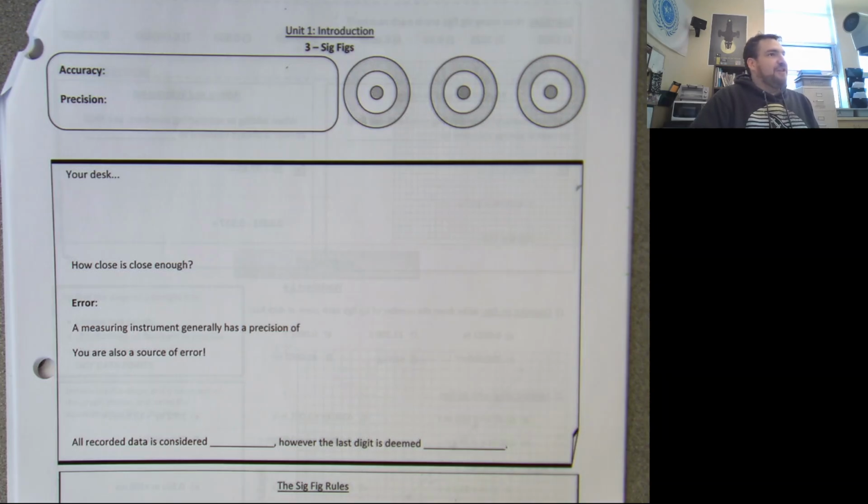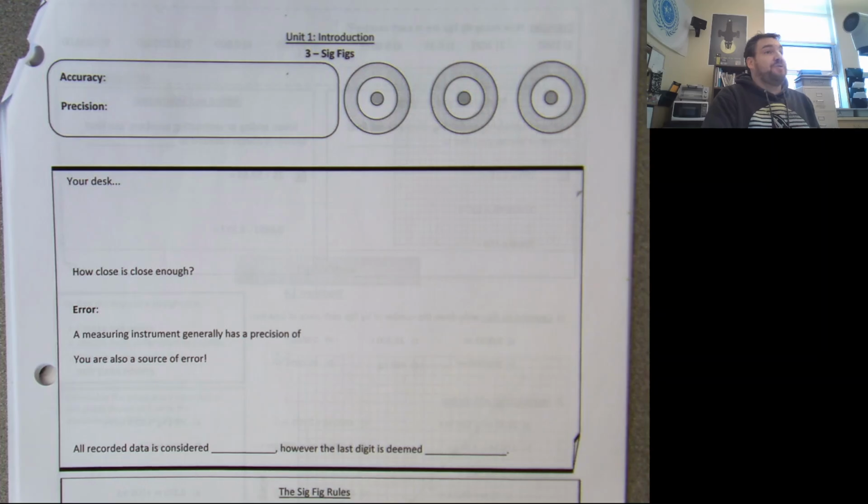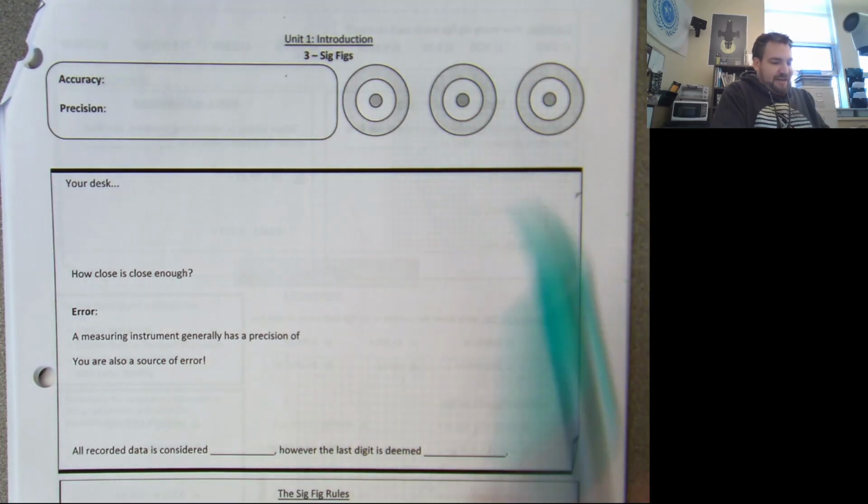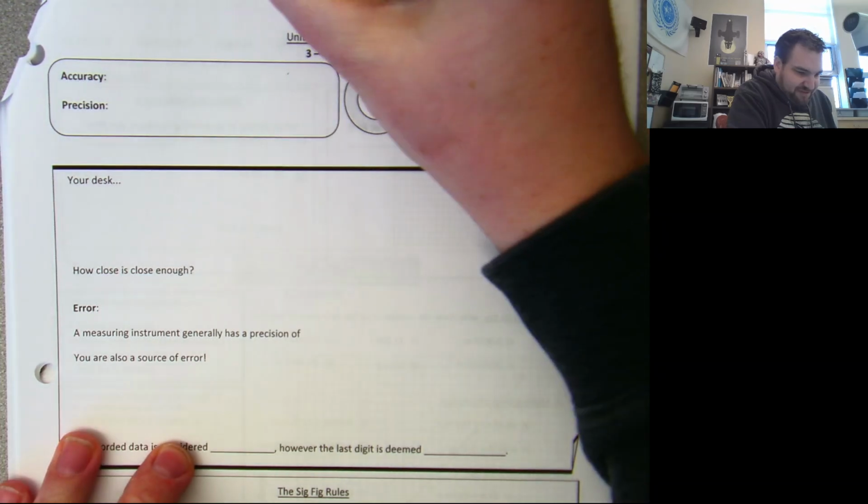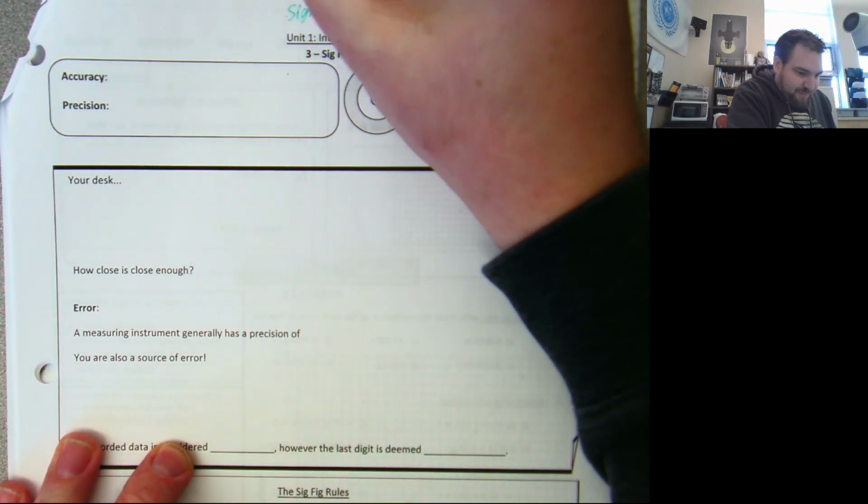Sig figs doesn't usually show up in math. That's interesting. Chemistry is the first place that most people are exposed to significant figures, and chemistry is absolutely the best place to see sig figs. Sig figs, or to extend it, significant figures.